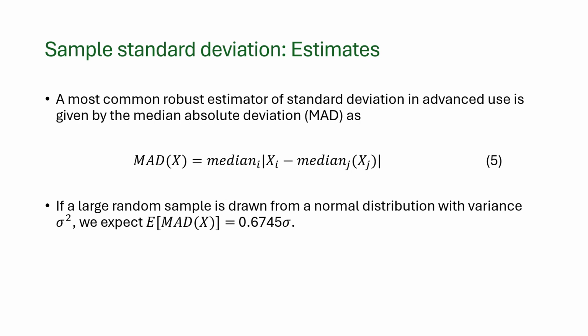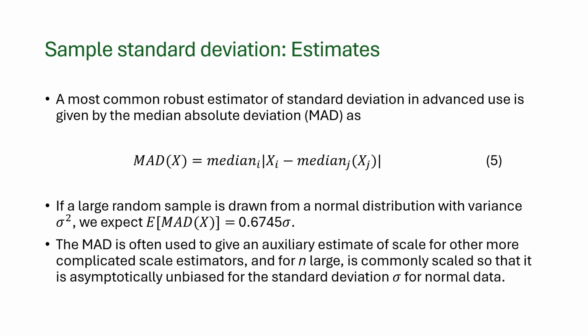So there is some bias. Bias can definitely be reduced if you are looking at a big or large data set. MAD is often used to give an auxiliary estimate of scale for other more complicated scale estimators, and for large n, it's commonly scaled so that it is asymptotically unbiased for the standard deviation sigma.